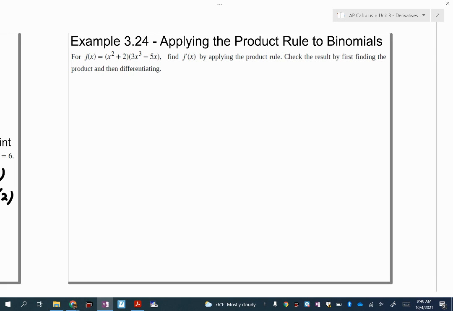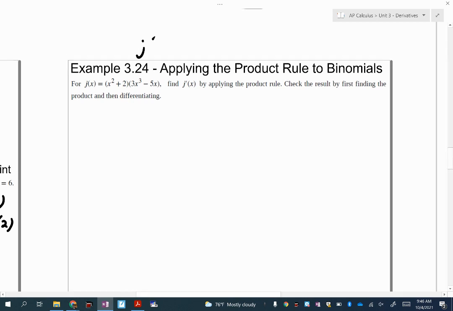So again, I'm going to write down that formula. j prime of x is equal to the derivative of the first function times the second, plus the derivative of the second function times the original first function. All right, so here we go.